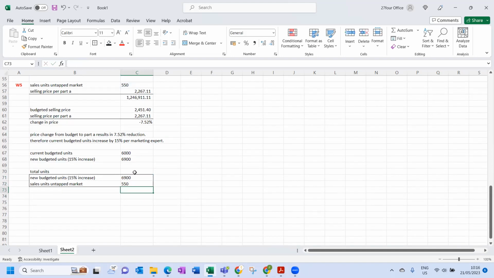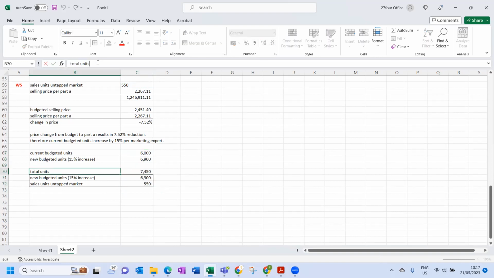Okay, so therefore our new budgeted units would be the sum of that, so we'll be 7,450. So please take note of that.